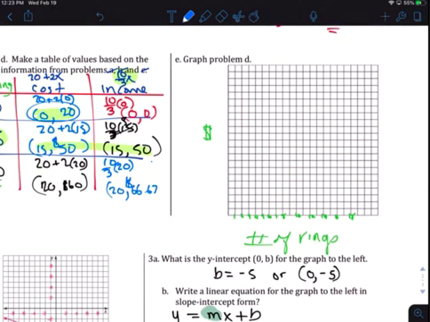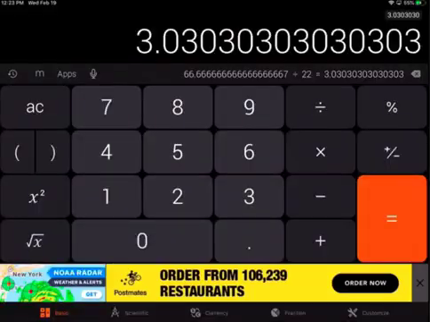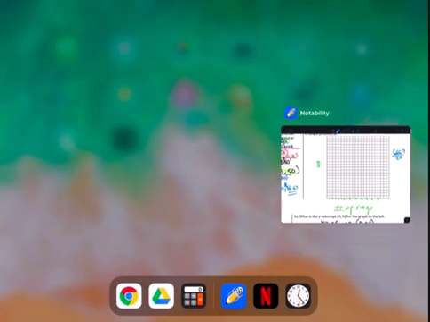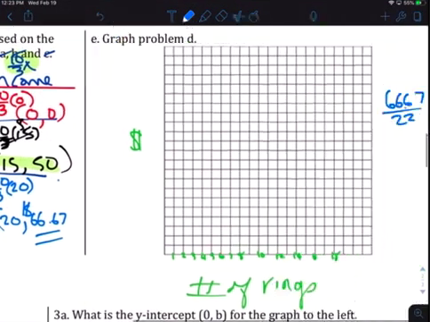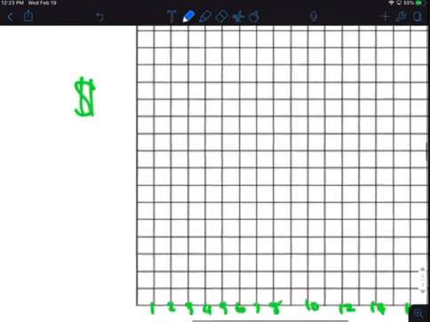Oh, I need to label the Y. The largest dollar amount is $66.67. Divide that by 22. So you count by 3.